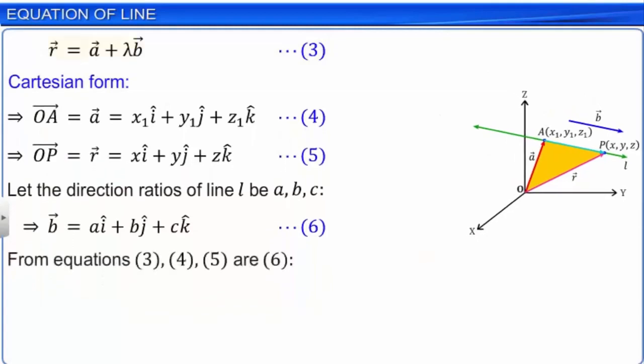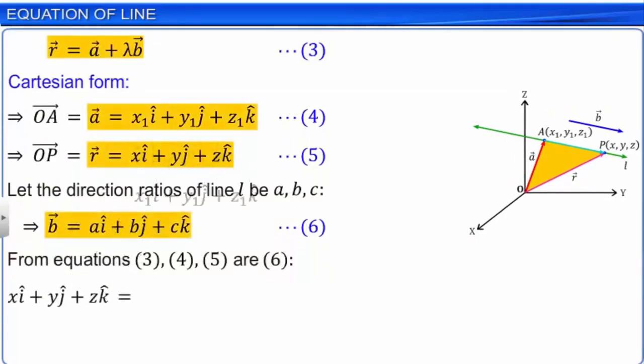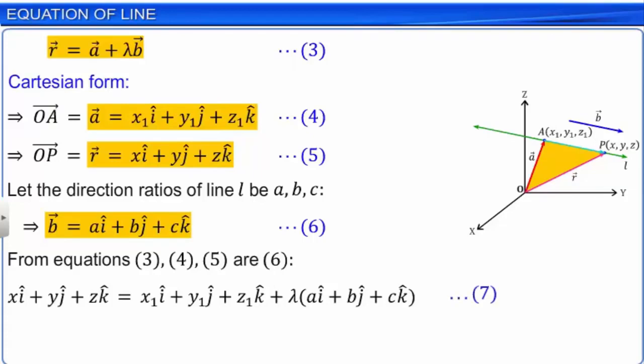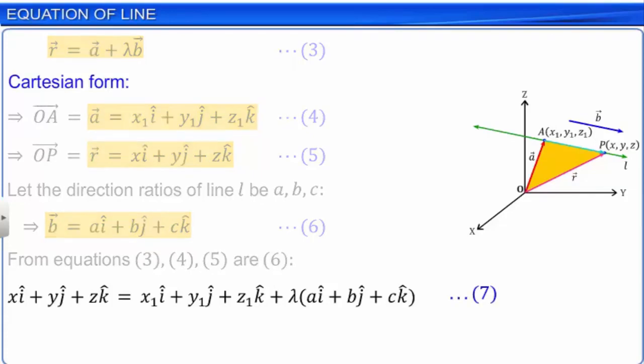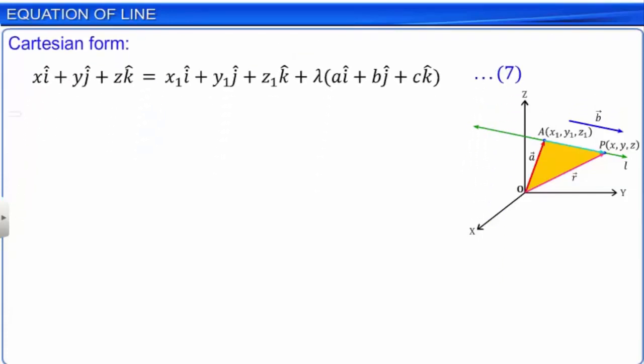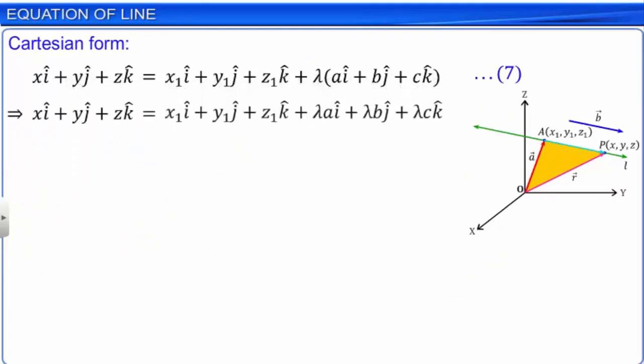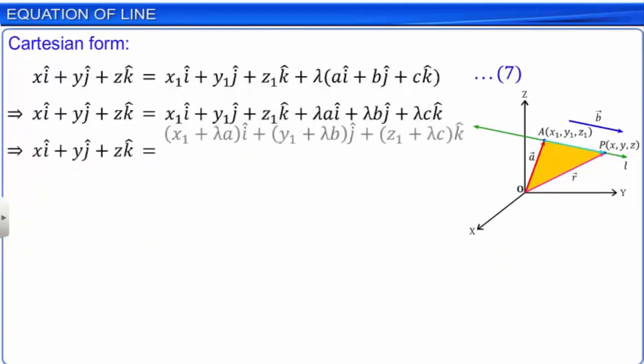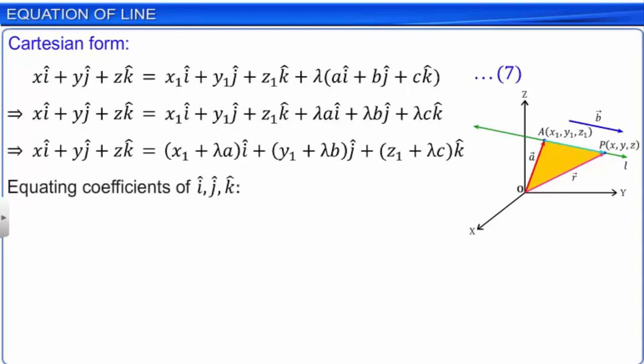Substituting the values of vectors A, R and B from equations 4, 5 and 6 in equation 3, we get equation 7. Simplifying equation 7 and equating the coefficients of unit vectors i, j and k, we get the equations for x, y and z as shown.